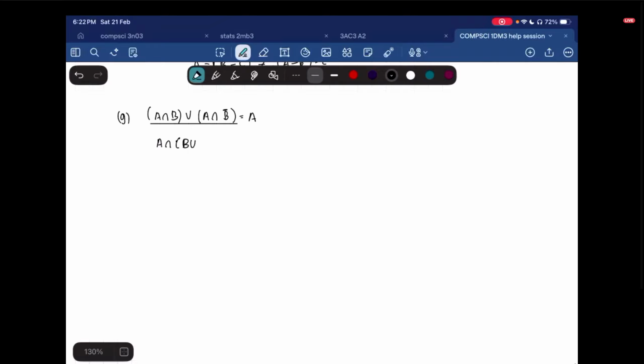And you know that B union B complement is B and everything that is not B, which is the universe. That's everything. So that's A intersect the universe, and A intersect the universe is just A. So that's how we get that.